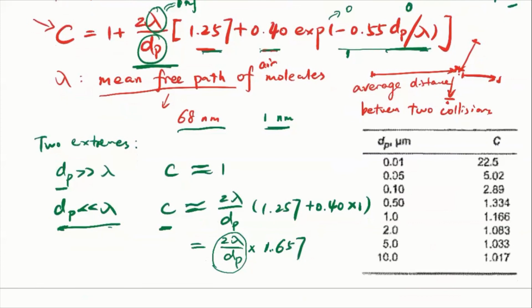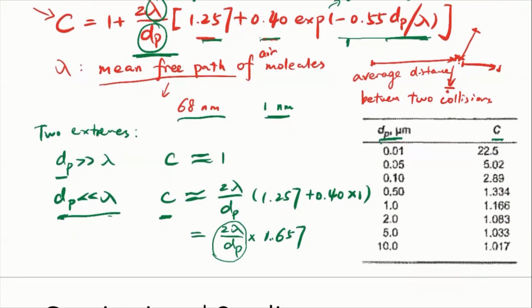So here I'm also showing a table. This is the relationship between the particle size and the slip correction factor. You can see when the particle size is very large, 10 micron, and I mentioned that lambda is 68 nanometer, C is close to 1.